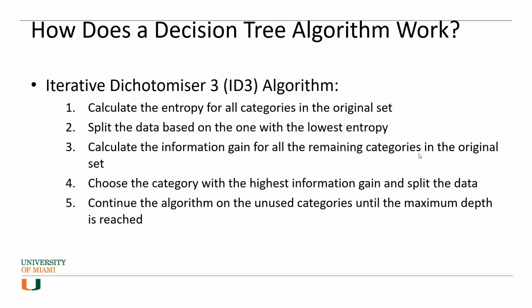And then you go to the third one and basically repeat these steps, choosing the feature to split based on the highest information gain that you can possibly have until you reach the maximum depth of your tree, or you have gone through all the possible categories that you can split your data based on. That is when the algorithm is going to stop.